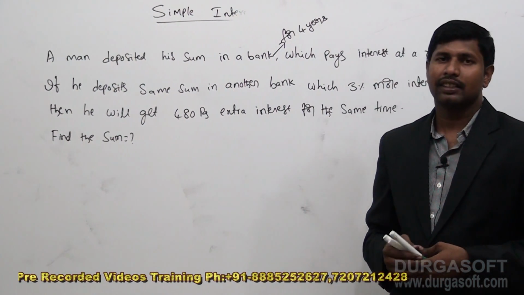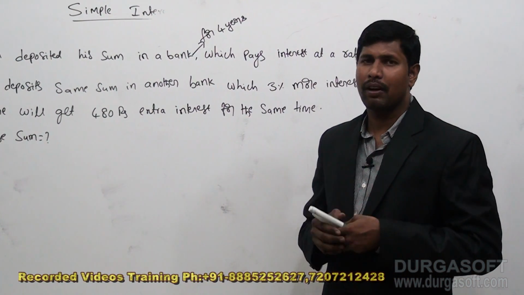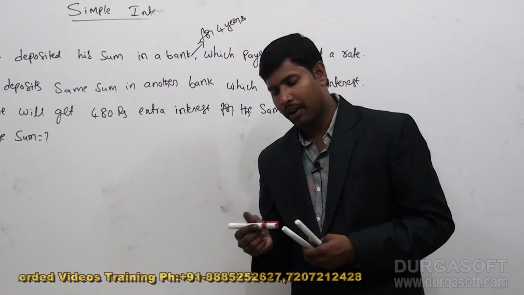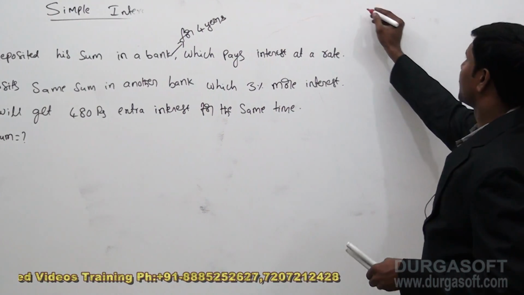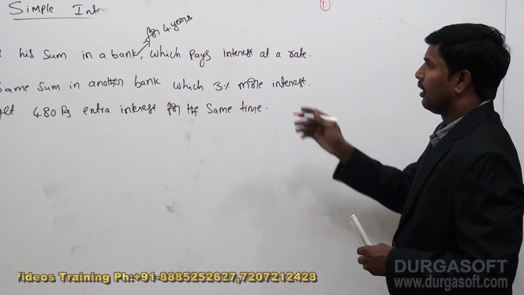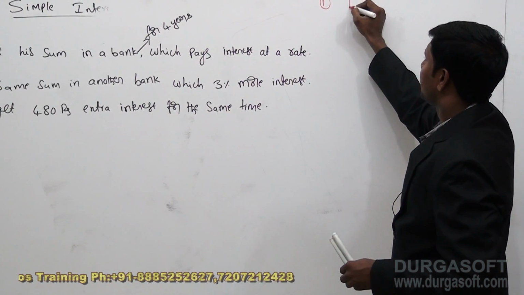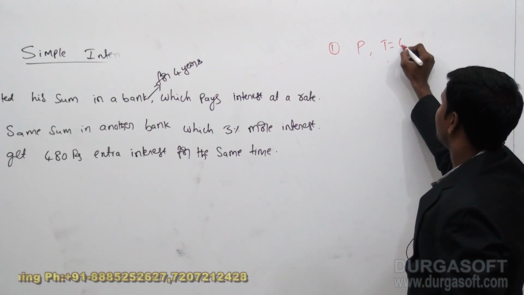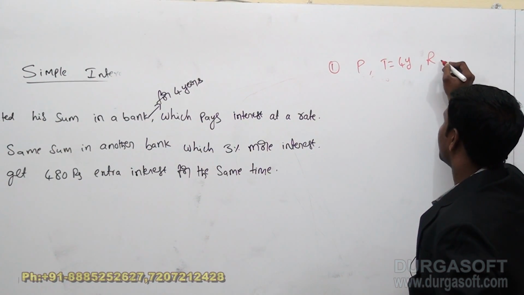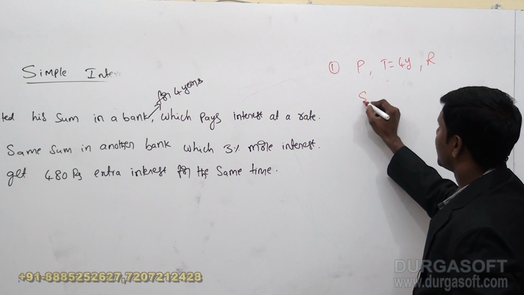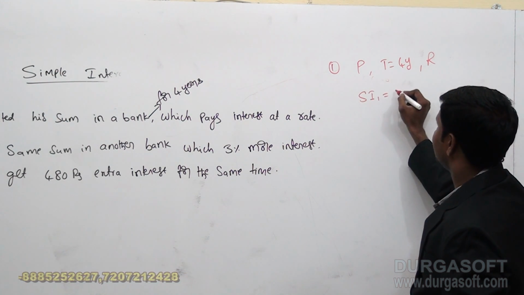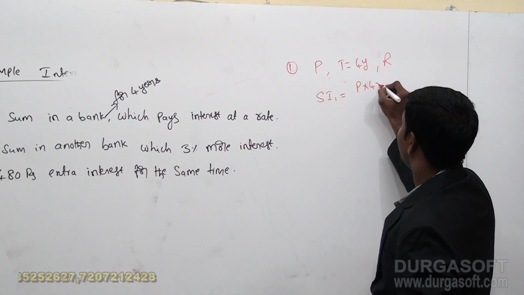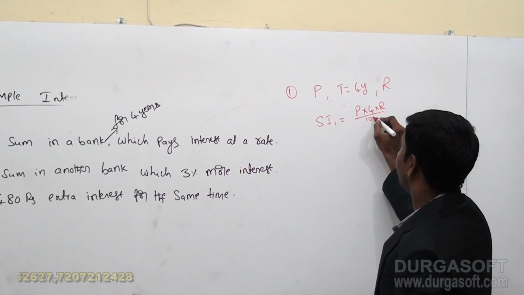Now you can answer this question in n number of ways. Now let me show how you can answer. First method: the sum of money is not given, so let us take P, and time is given as 4 years, and let us take the rate of interest as R. In the first case, simple interest SI1 is equal to P into 4 into R by 100.